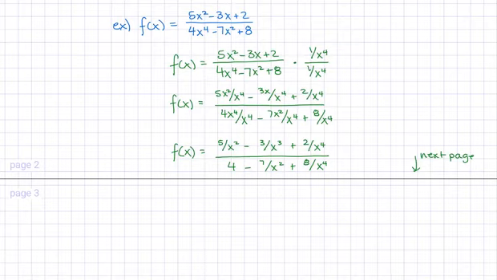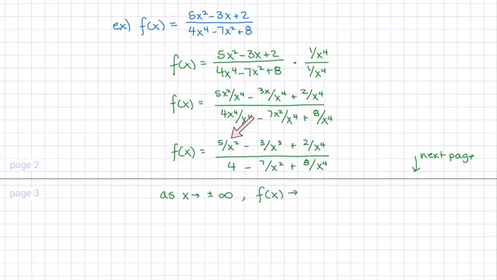So now that we have this, we can look at what actually happens as x is approaching. And like I said, it's going to be the same exact thing whether it's positive or negative infinity. We can figure out now what f of x is approaching. And just like above, anytime you have an x still in the denominator, if x is approaching infinity, that means the denominator is getting bigger, which means the fraction is getting smaller.